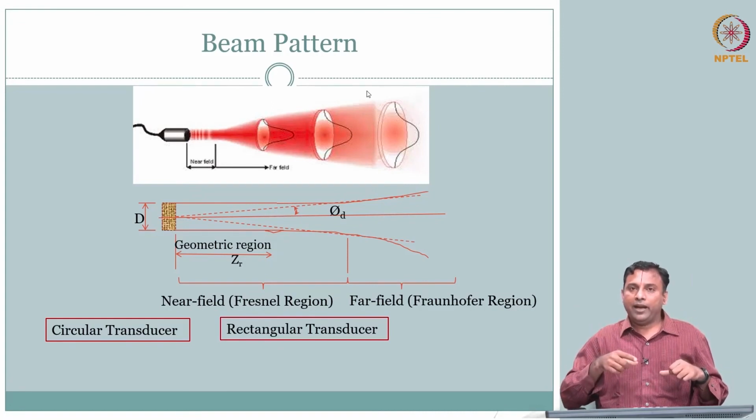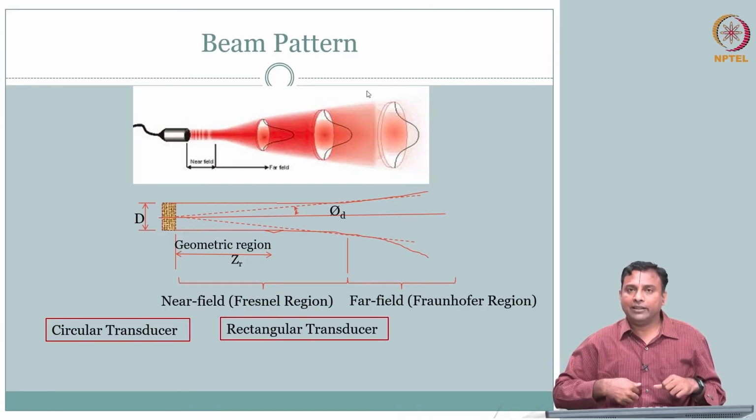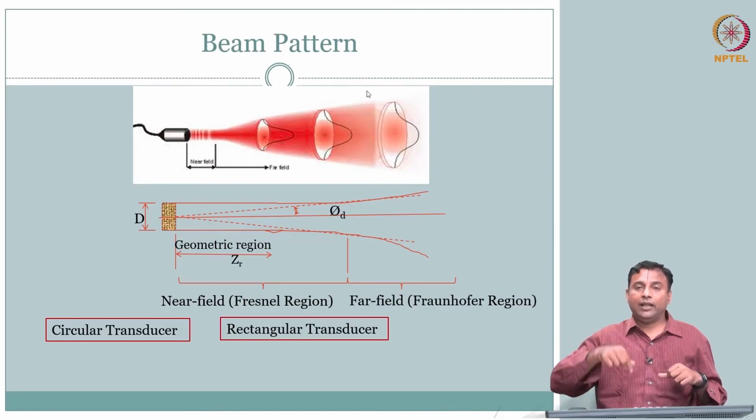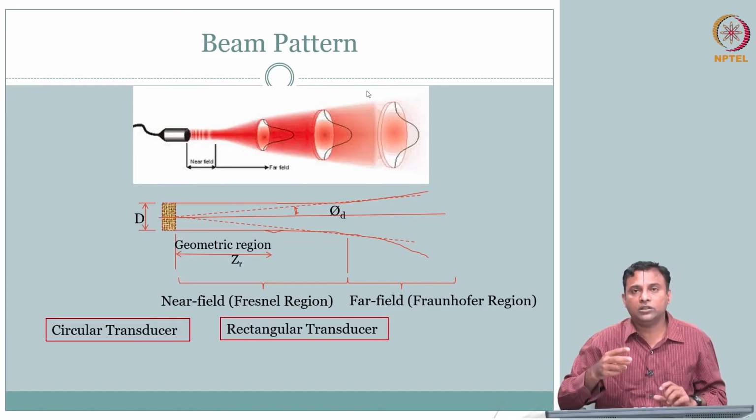So what we have done is P of z comma t, where z is only the depth direction, but I want to do imaging. So I want to not only say that there is an object situated at 5 centimeters from the skin, that alone is not sufficient.